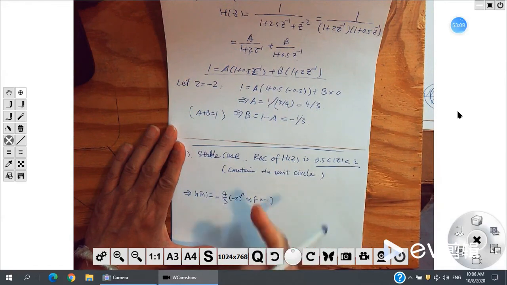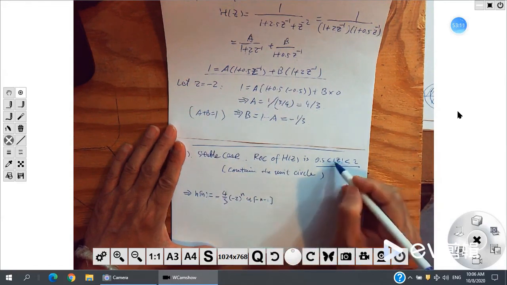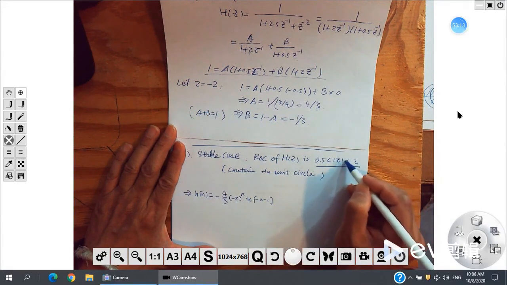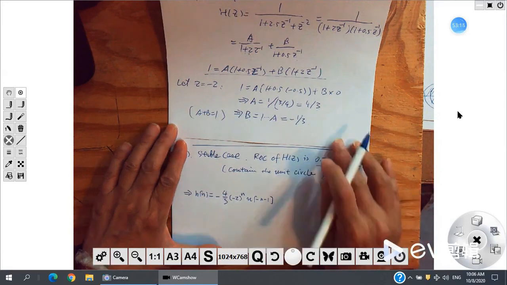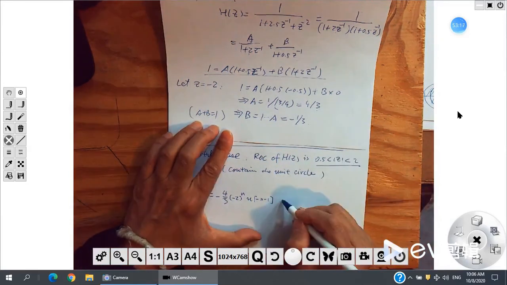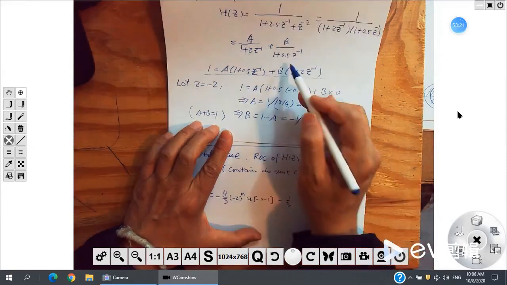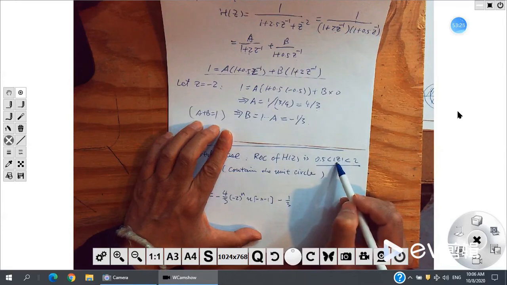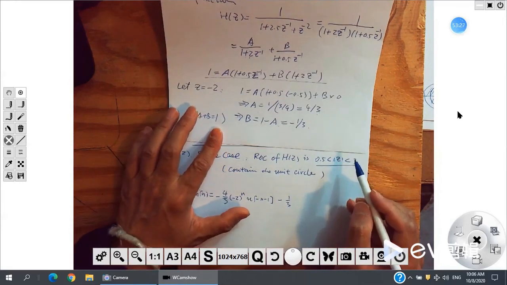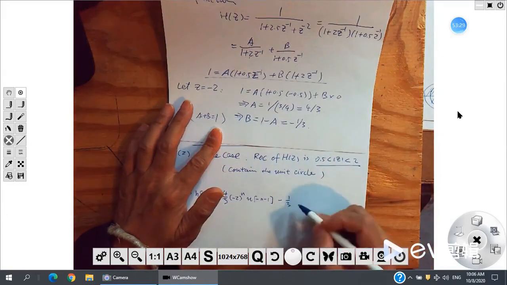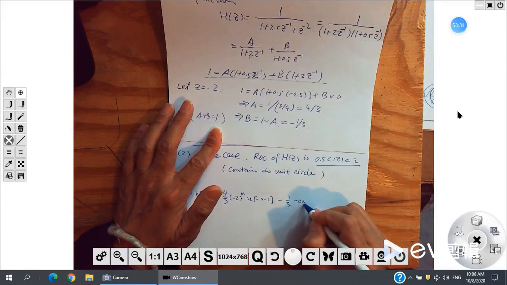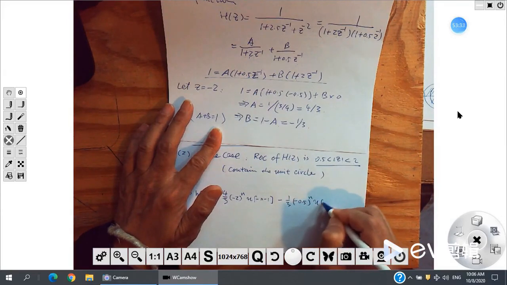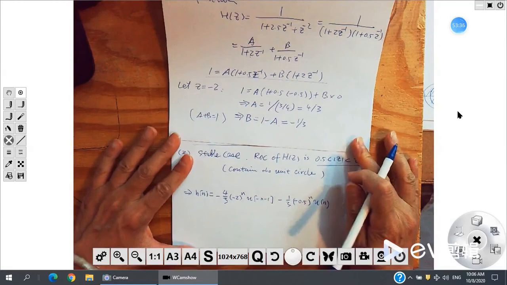Yeah, you check the table, we have that term when the RC is smaller than something, right? This is smaller than that 2. And for B, which is negative 1/3, the RC compared with this 0.5 is larger than this 0.5. Then it is just negative 0.5 to the n, u of n, right? This is the positive case.